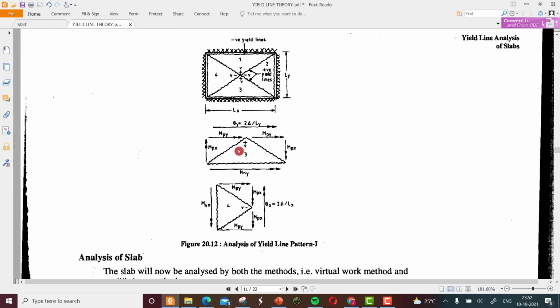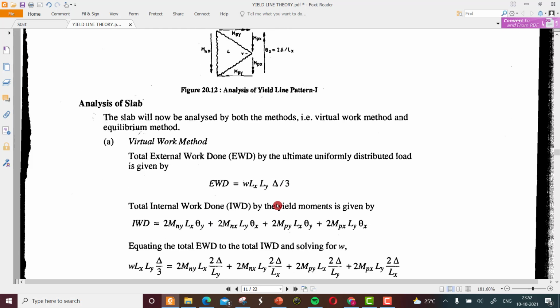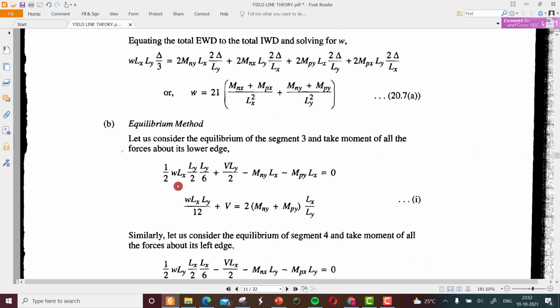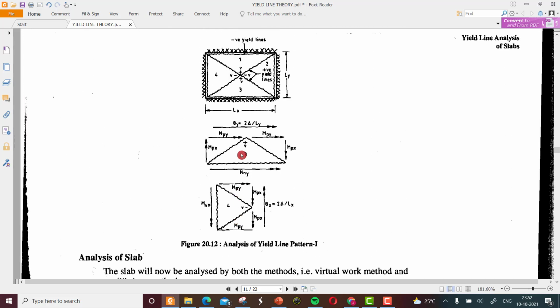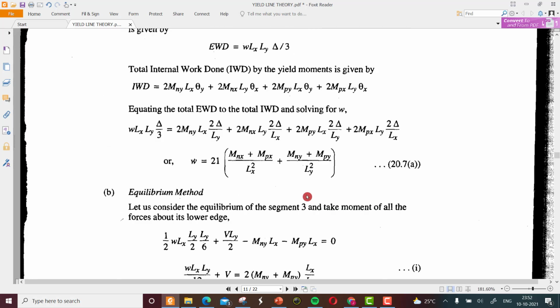It's based on the load acting on the surface, the total triangle area into the lever arm, which will give you the first part of this equation, plus V into Ly by 2. V is the shear force into Ly, and Ly by 2 will be the lever arm.